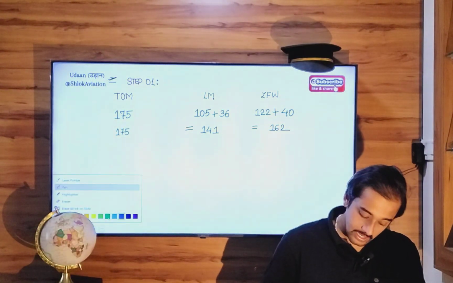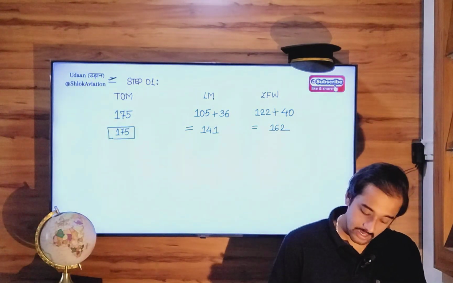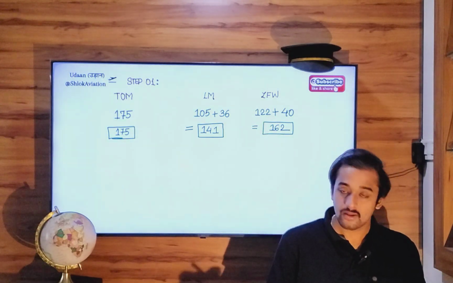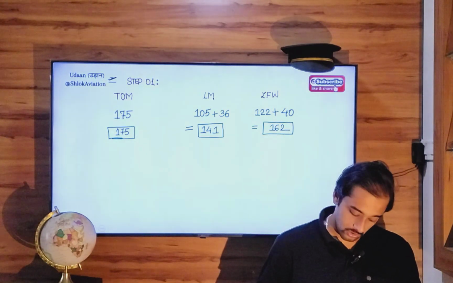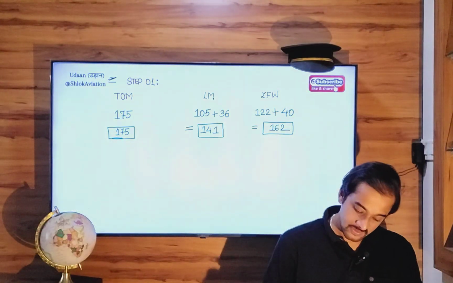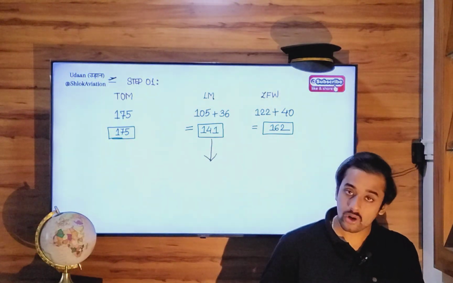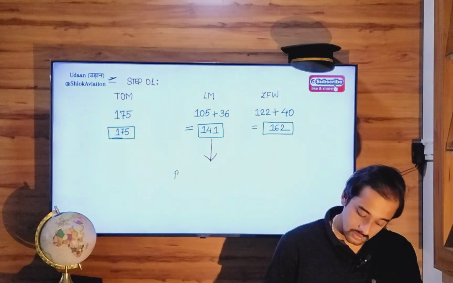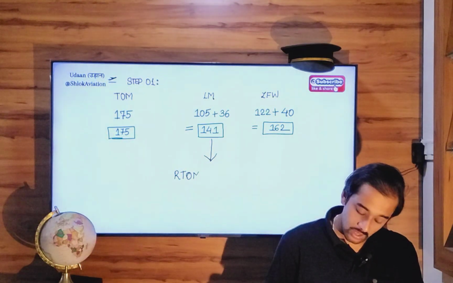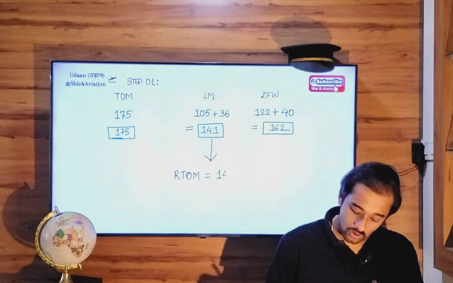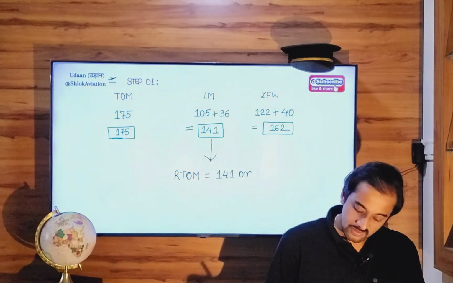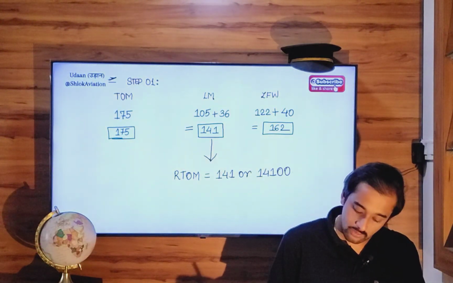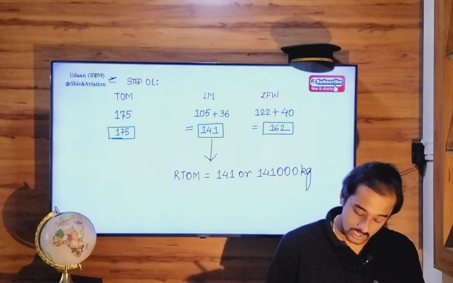Out of these three takeoff values, 175, 141 and 162, the least is 141. So you are going to take off with a mass of 1,41,000 kg.